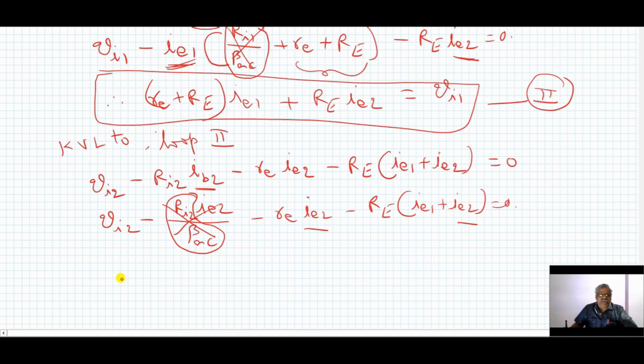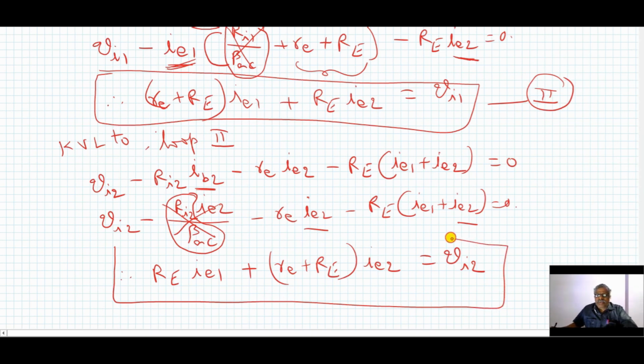We get an equation in terms of IE1 and IE2 like this: Re into IE1 plus small re plus capital Re into IE2 is equal to Vi2. This is the expression we get after rearranging the terms. Again, this equation is in terms of IE1 and IE2. Let us call this equation as equation number 3.